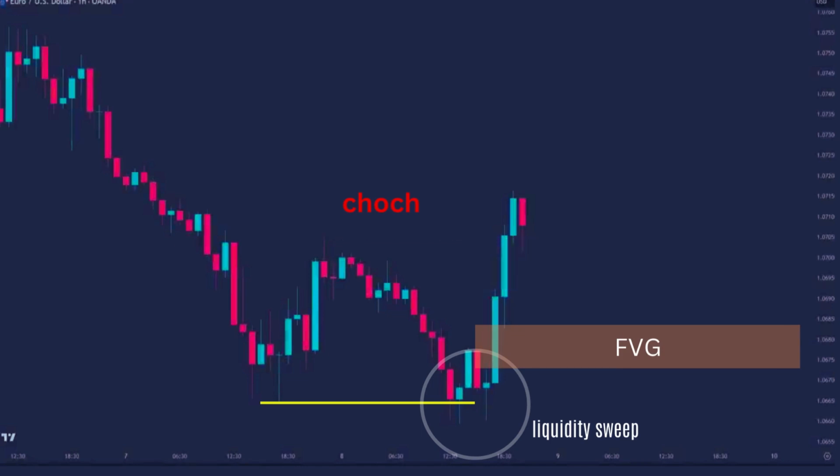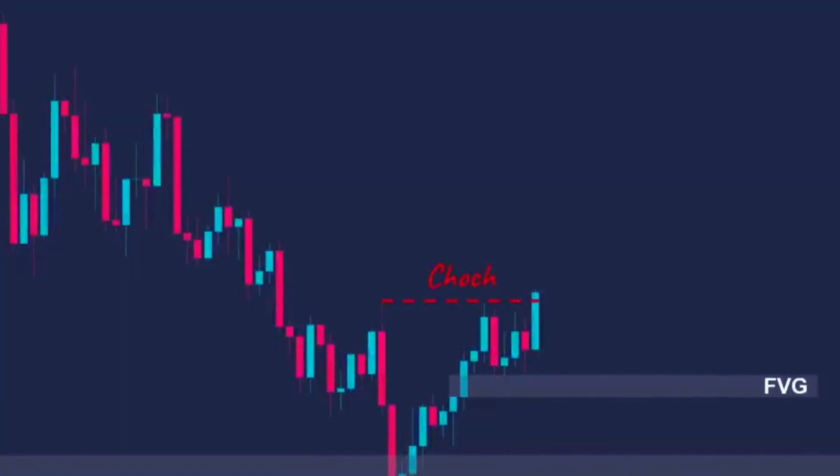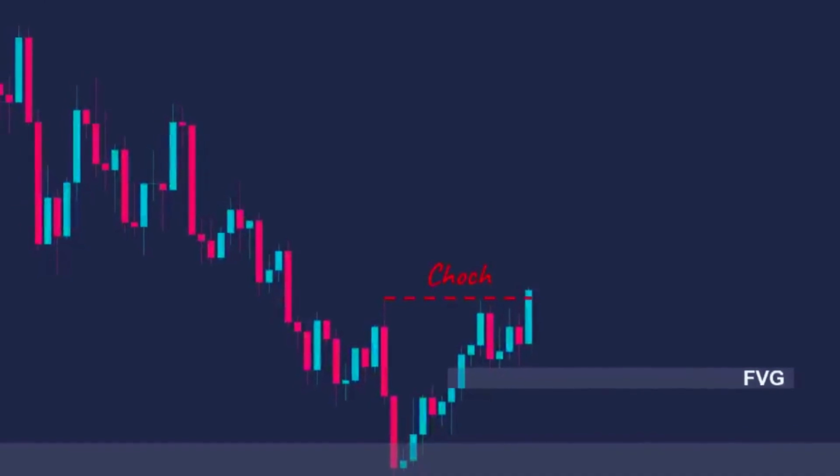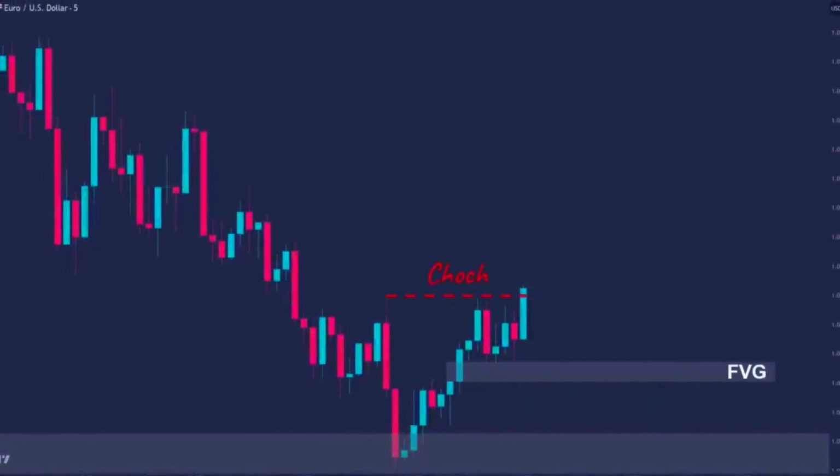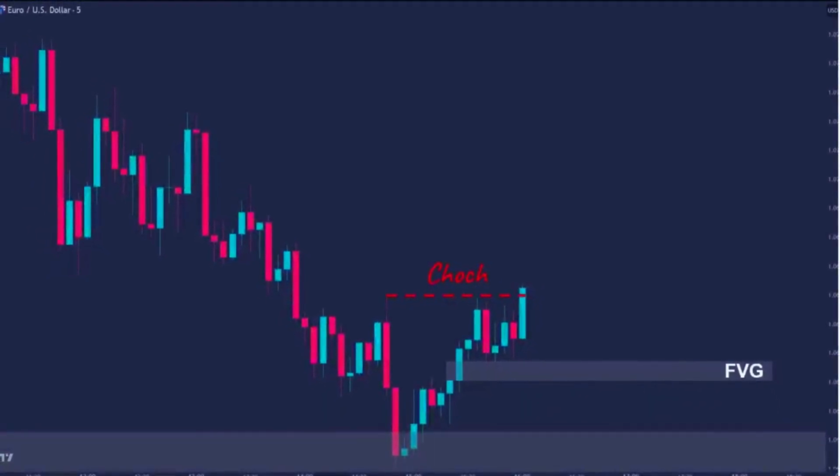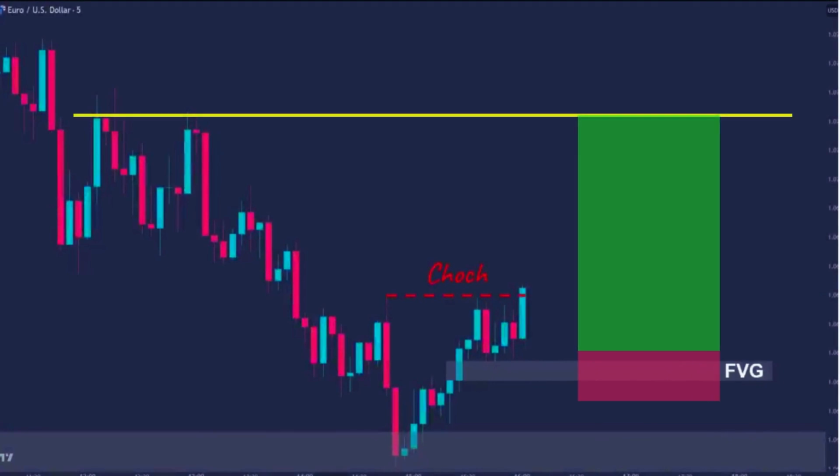After the price entered our FVG area, we zoomed into a lower time frame for trading opportunities. On the 5-minute chart, a change of character confirmed a reversal, and a new FVG area appeared, where we placed a buy order at the start of the zone and our stop below it. Our long-term target was the next important zone in front of the price.